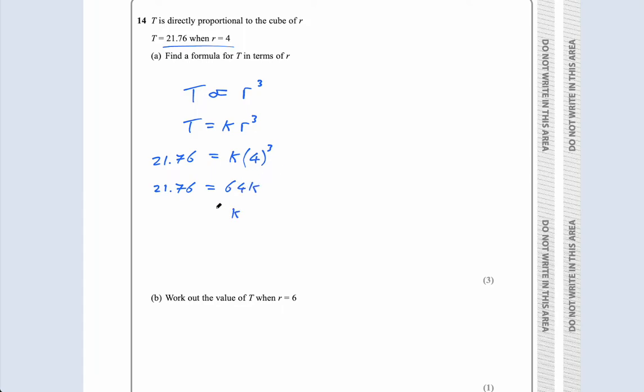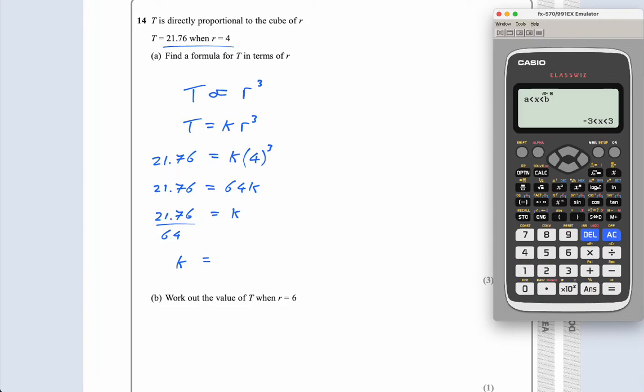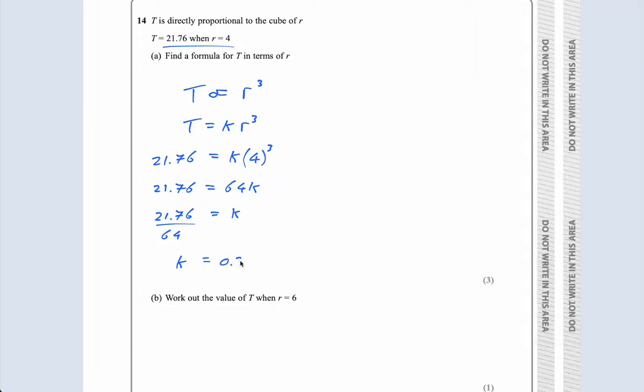And then we find k by just dividing 21.76 over 64, and I get k is equal to 17 over 50, or 0.34, so k is 0.34.